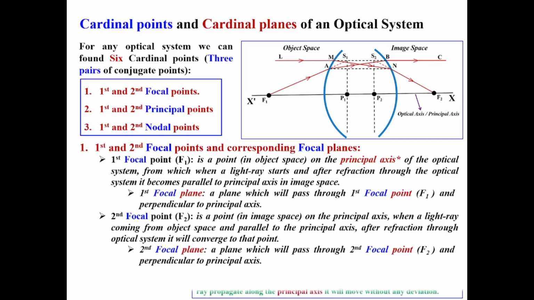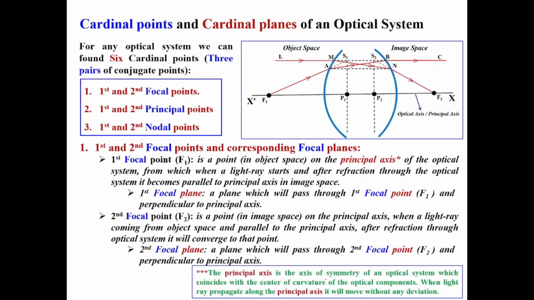What is the principal axis? The principal axis is the axis of symmetry of an optical system which coincides with the centers of curvature of the optical components. When a light ray propagates along the principal axis, it will move without any deviation.